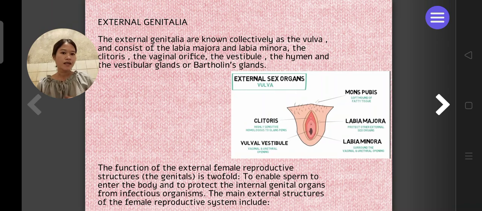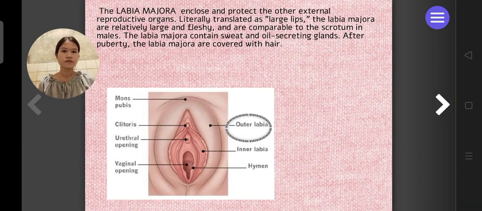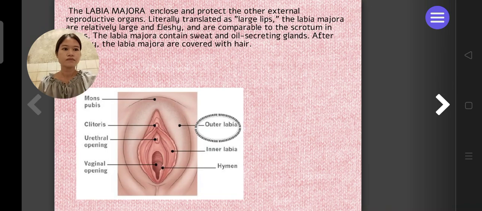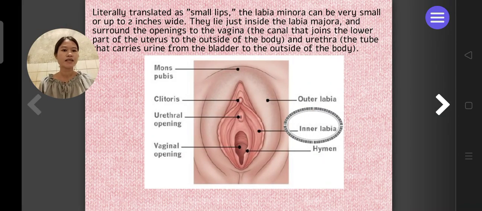The main external structures of the female reproductive system include the labia majora. The labia majora enclose and protect the other external reproductive organs. The second one is labia minora or inner labia.